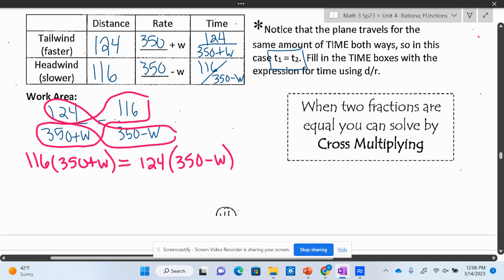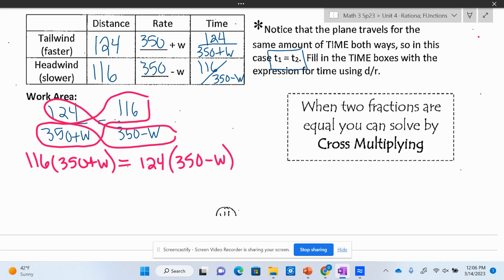So 116 times 350 is, calculator bunny, go. 40,600 plus 116W. I just distributed. Someone take 124 times 350. 43,400 minus 124W.